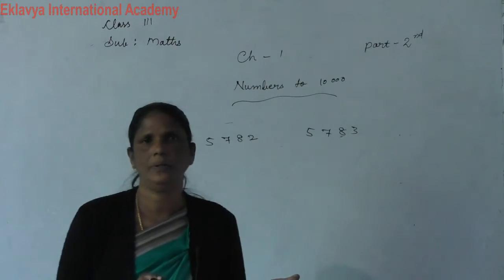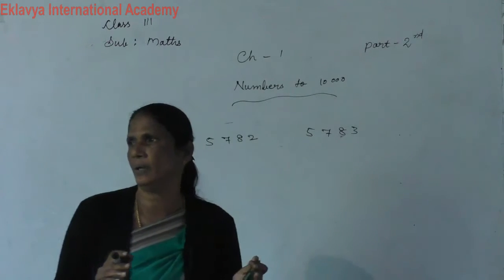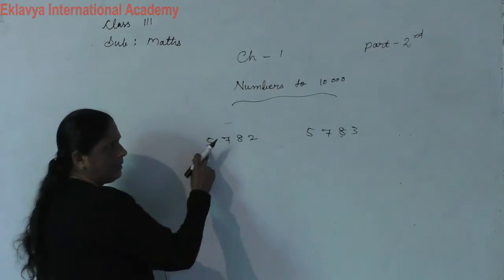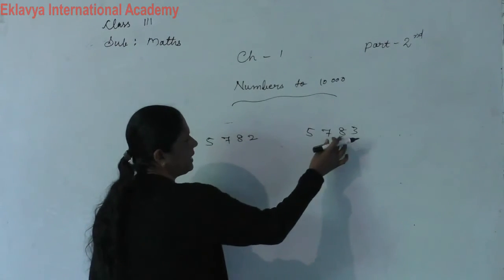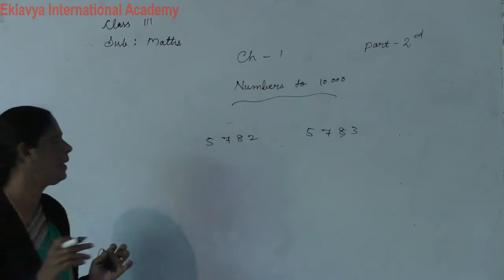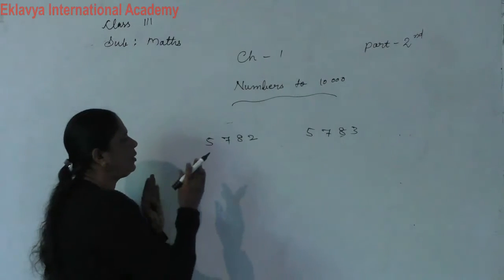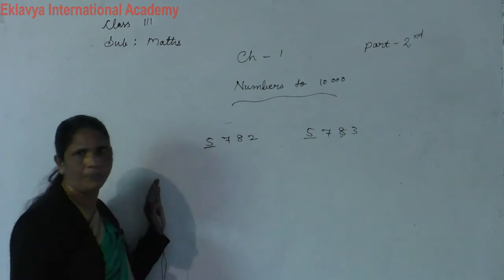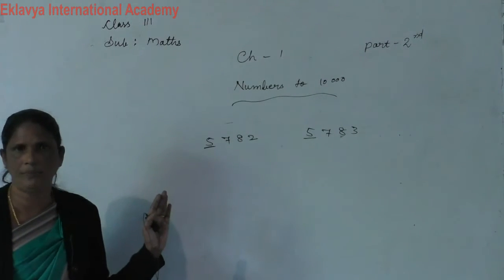This is comparing numbers. First you write ones, tens, 100, 1000. Here also ones, tens, 100, 1000. Both are in the thousand place. Then next you look at the first digit, here 5. Here also 5. Both are the same.